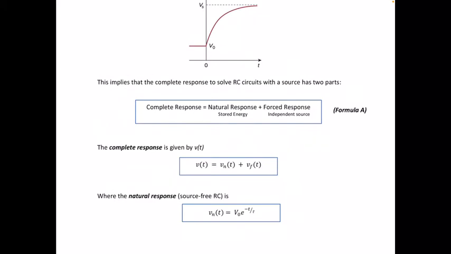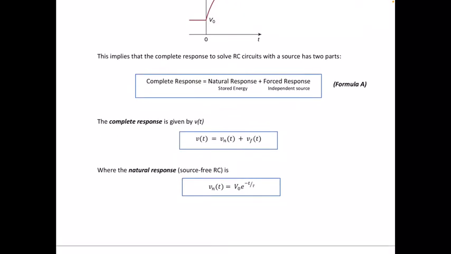So this is just our formula A. This is one of two ways in which we can appreciate what sort of response is going on in our RC circuit with a source. So a complete response can be viewed as a combination of natural response and forced response.